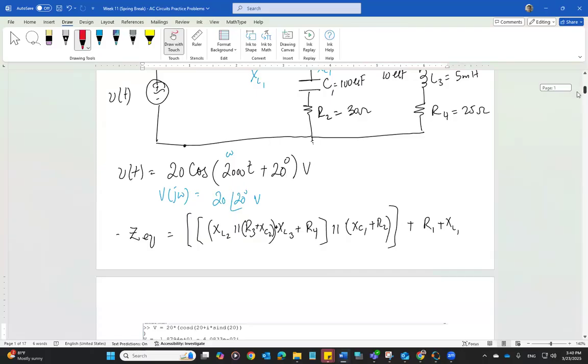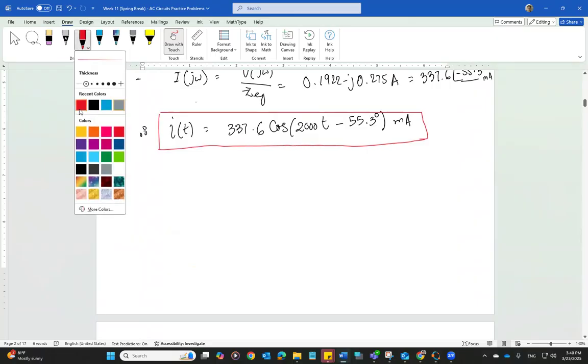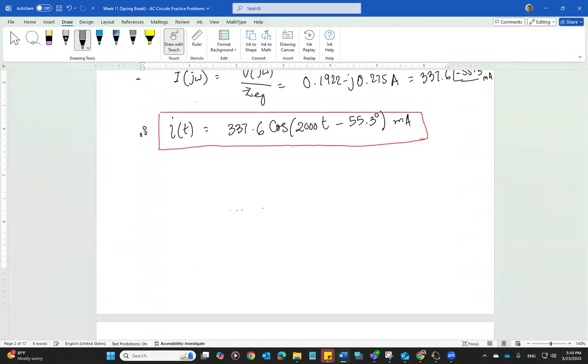So if you draw the phasor diagram of this, then on the complex plane, this is going to be your voltage, which is 20 degrees, and what's that, 20 volt, right?